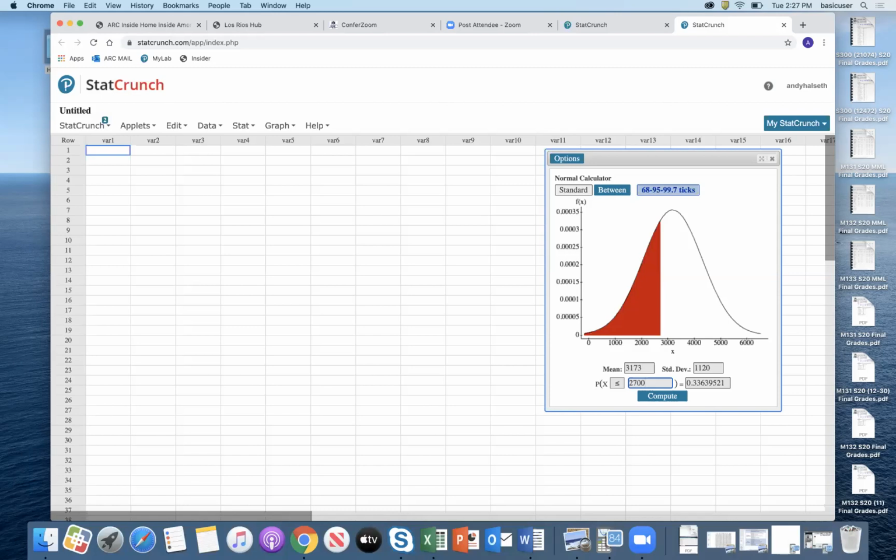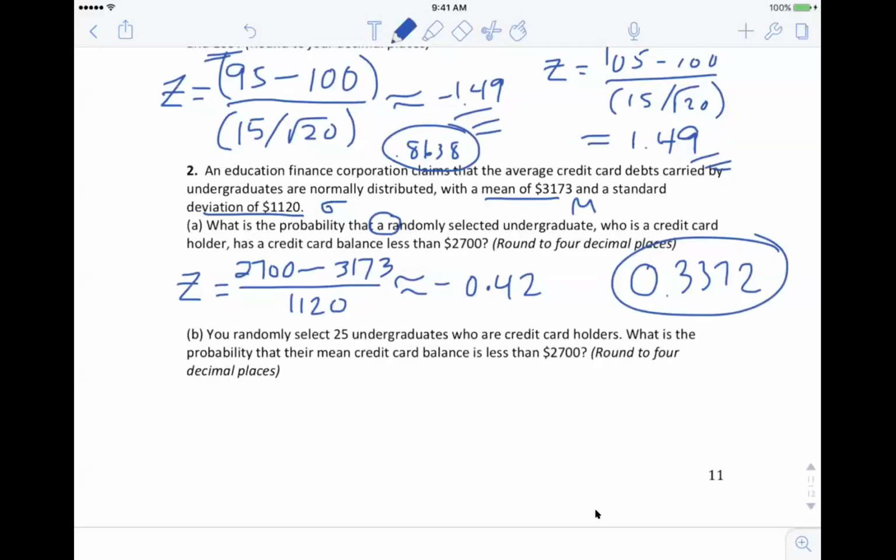Okay, and how does this part A differ from part B? If I look at part B, now I'm going to select 25 undergraduates. So it's no longer a single undergraduate, it's 25 undergraduates. So now my z-score is pretty much the same thing.